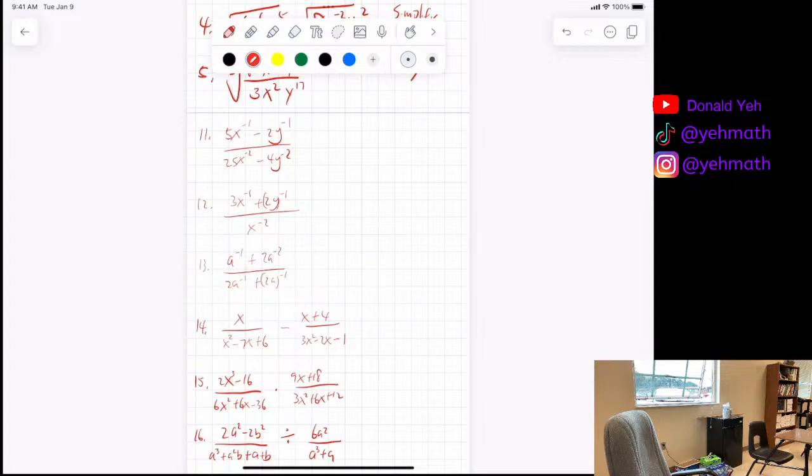Okay, so let's say write the equation for this. So a cubed plus b cubed, we start with the plus first.